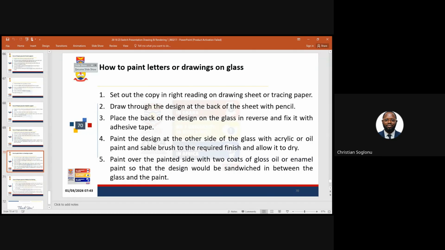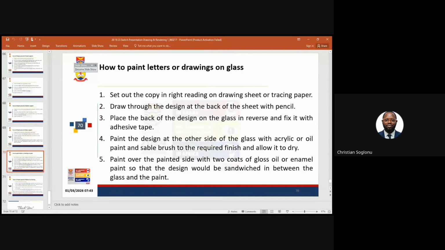So you put it in the right reading order on the sheet. Let's imagine Kofi. You are going to write Kofi on your glass, so Kofi should be written Kofi. Then you put the Kofi on a tracing paper. It says draw through the design on the back of the sheet with a pencil.